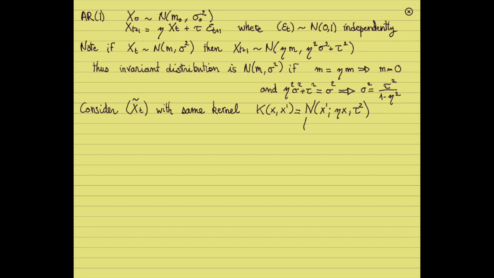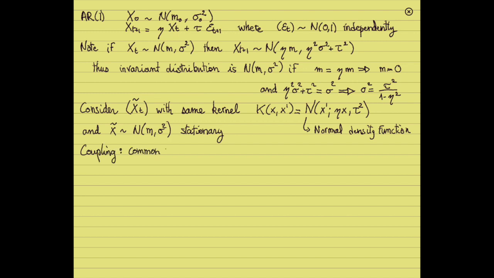The density of K(x, x') is the normal density evaluated at x' with mean eta x and variance tau squared. And X tilde will be assumed to be at stationarity. So we start X tilde at stationarity. And thus it remains, of course, at stationarity. And so X tilde_t for all t is distributed as this normal distribution with mean m and invariant sigma squared.